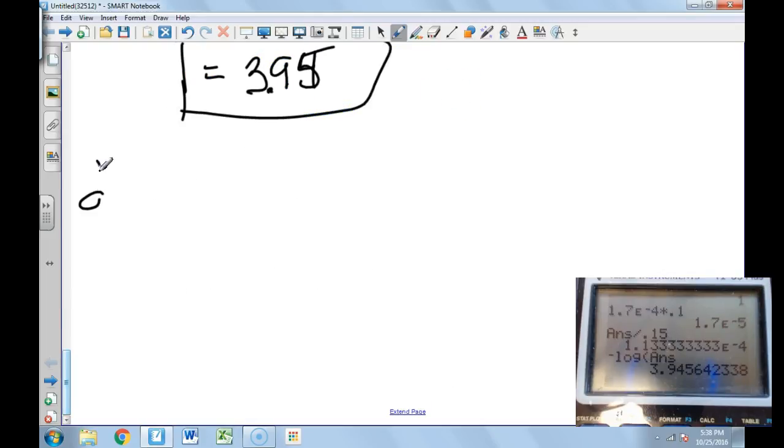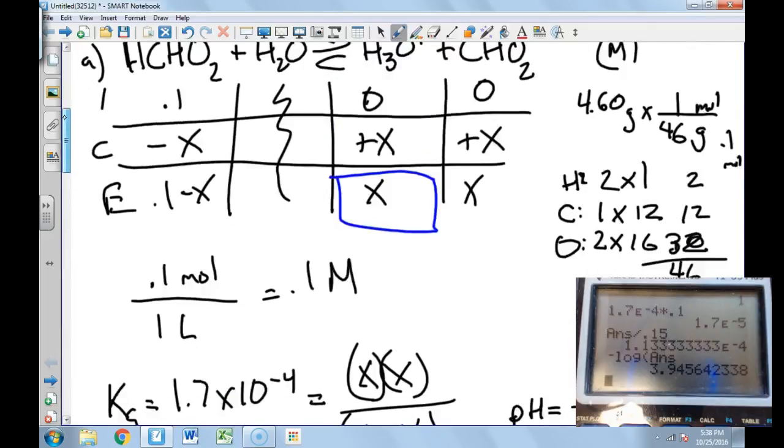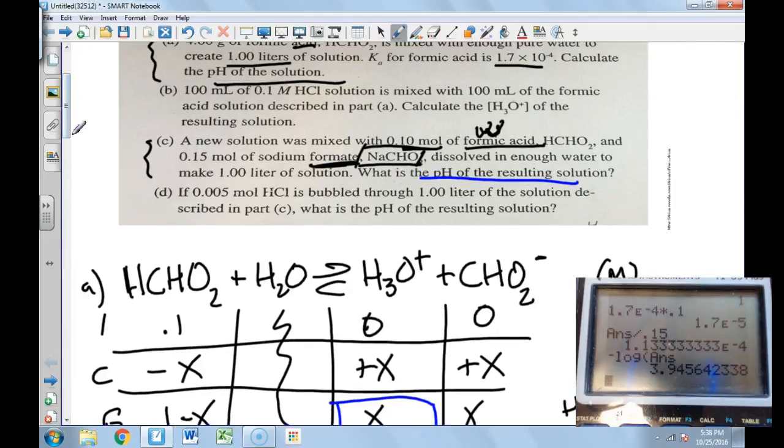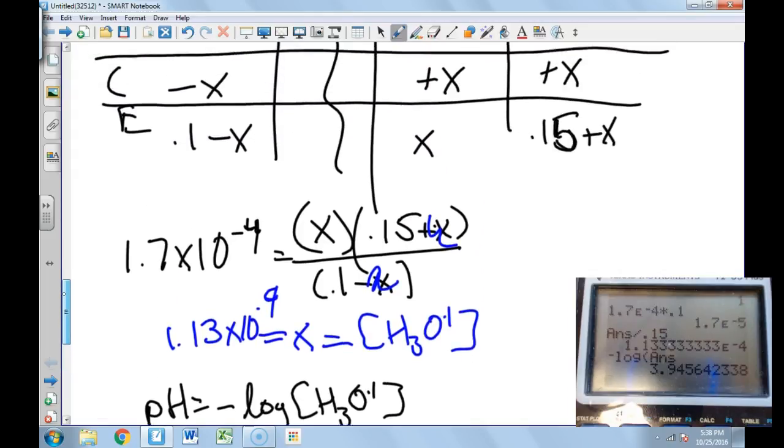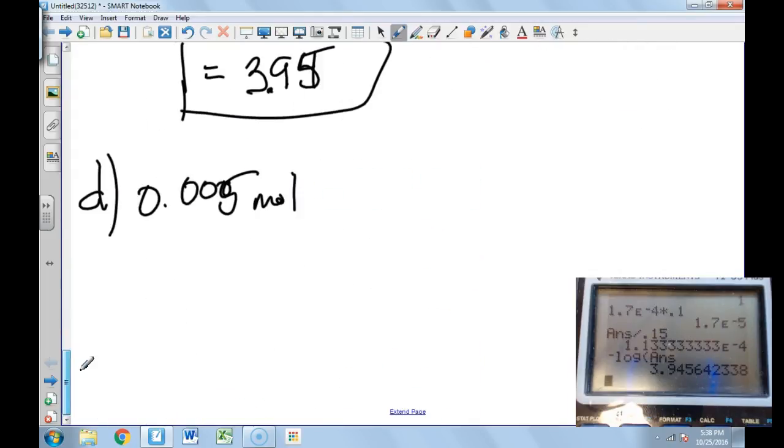So for part D, this is where it gets really fun, because we're going to take 0.005 moles, two zeros then 5, and we're going to bubble it through. Now, HCl.